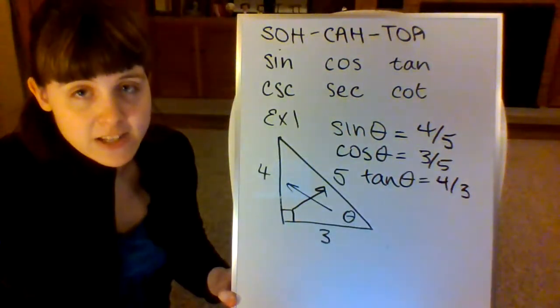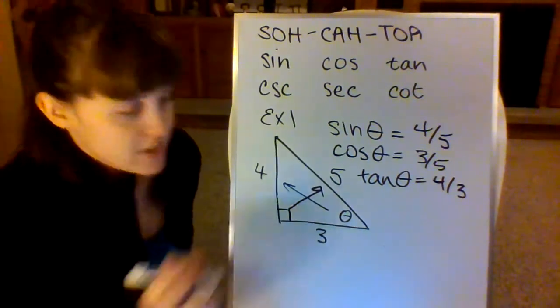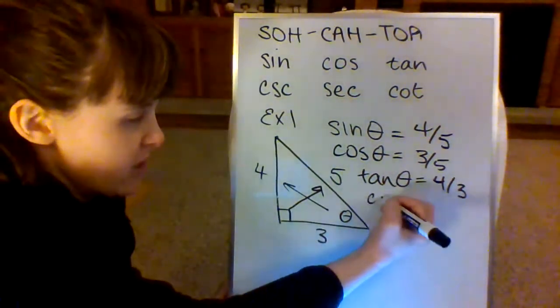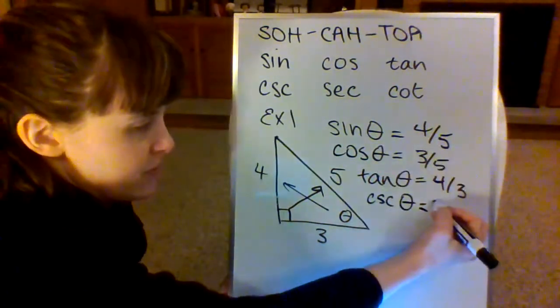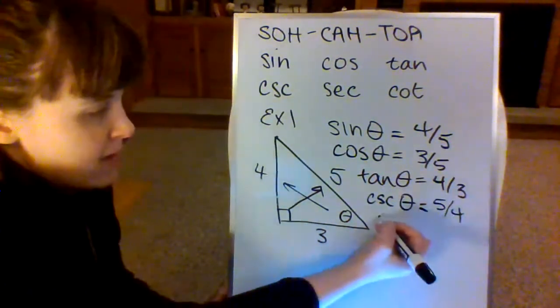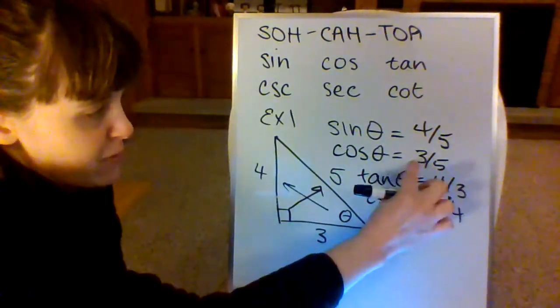Okay, and then to find the other three, like I've said, we're just going to flip them. So cosecant is going to be 5 over 4. Secant is going to be 5 over 3.